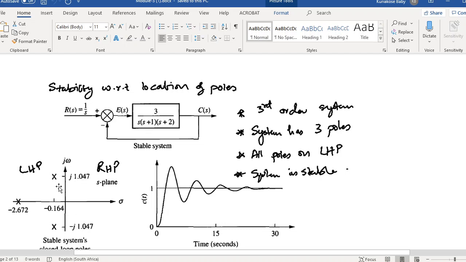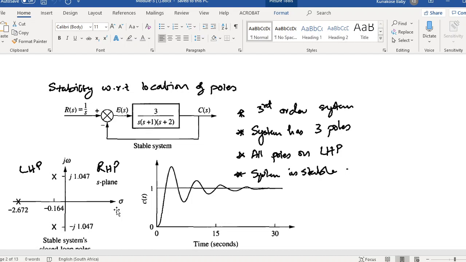This is something that you can try on your calculator, using the roots function. Otherwise, if you have access to MATLAB Onramp, you can plot this in MATLAB and see how that works.